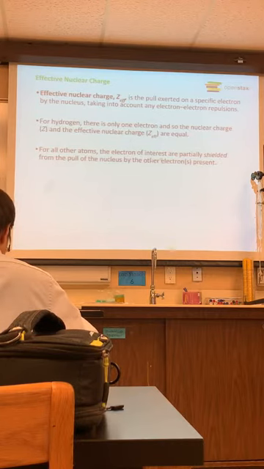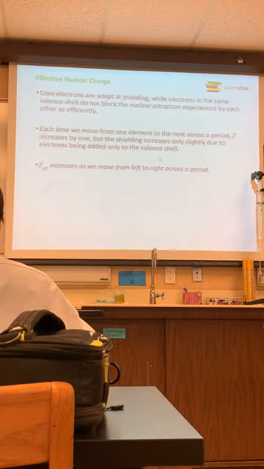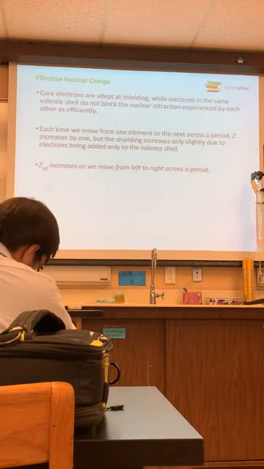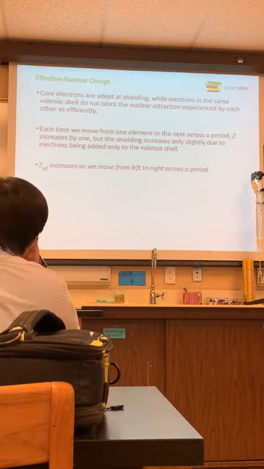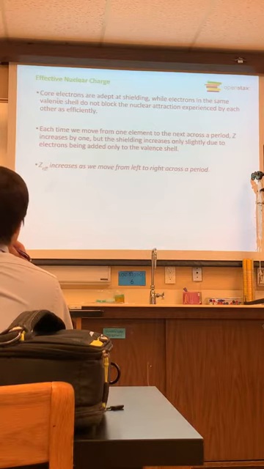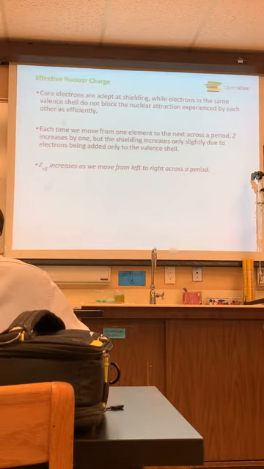Because of that, the outer electrons don't feel quite as strong a pull toward the nucleus, and they're able to get further away. Those core electrons, the ones at lower energy levels, shield the charge pretty effectively. They hide the charge from the outer electrons and allow the outer electrons to be further away from the nucleus.